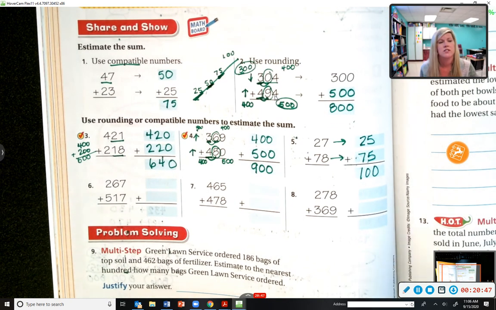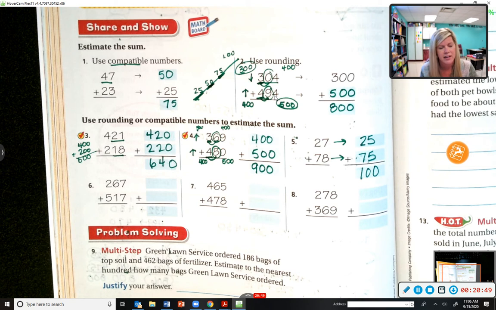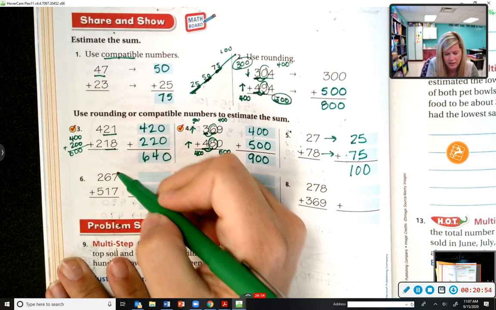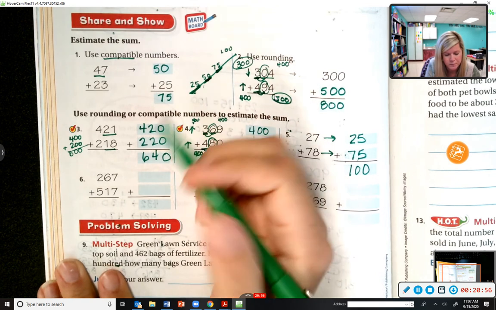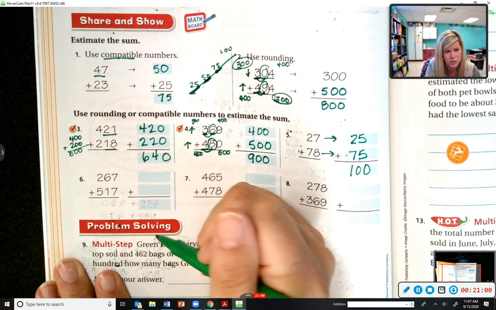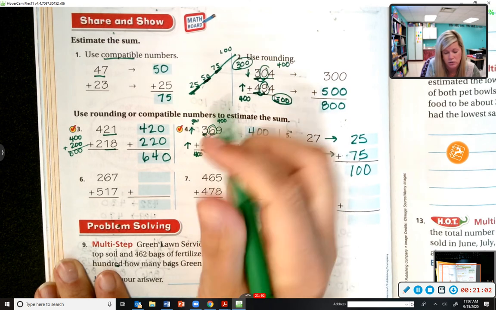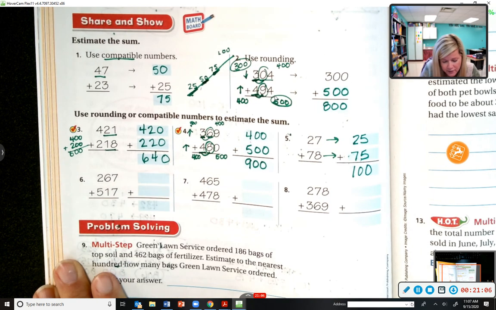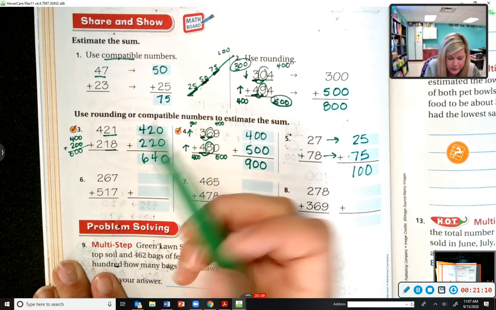Number 6, 267 plus 517. Now on this one, I want you to go ahead and add the real number and do the estimate because I want you to notice how close your answers are to each other. Okay, I see 267 and 517. I'm just going to go ahead and round on this one.